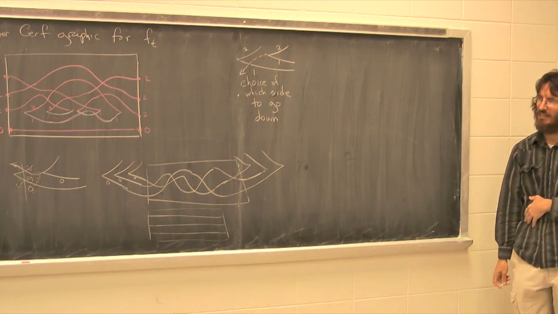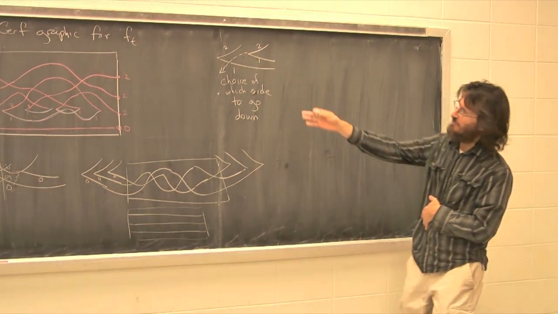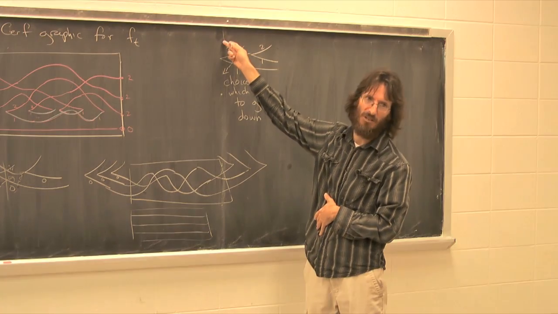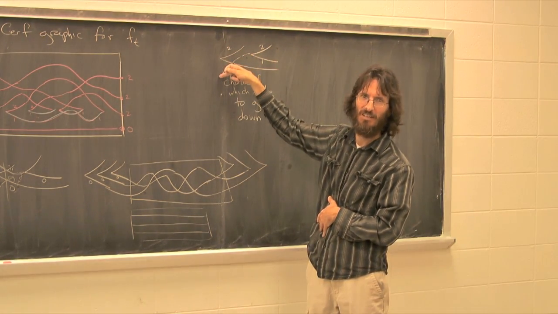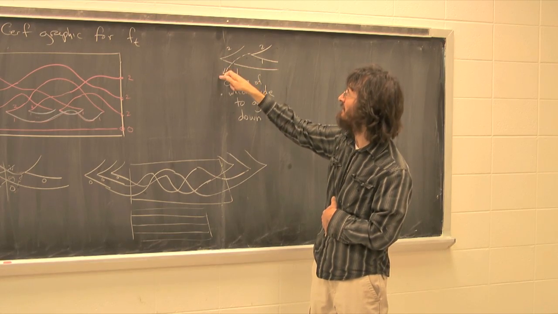That's exactly the issue. Because, using this fact, and you could also go this way if you want to, but actually we're going to want sometimes to go down, right?